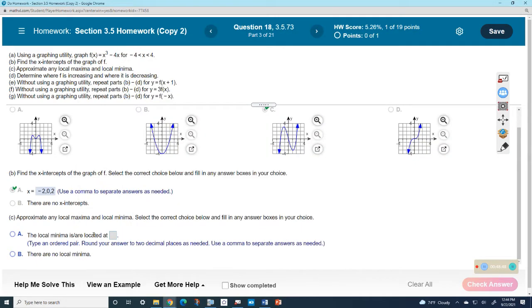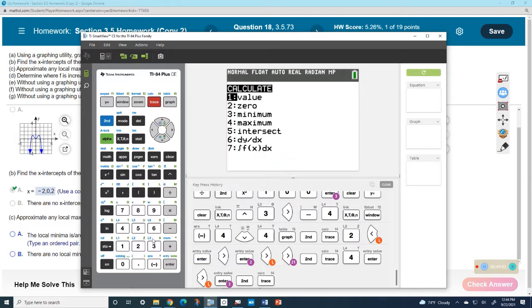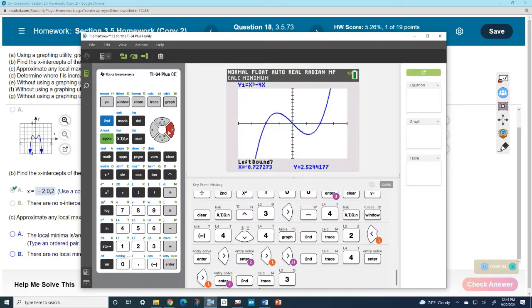Well, it says minimum first, so I should have found that first. I've got to remember what that was. Negative 1.15, 3.08. Now I'm finding the minimum. Okay, left bound, right bound.